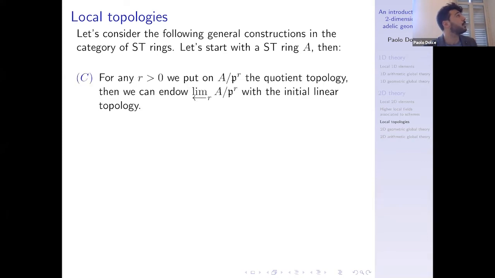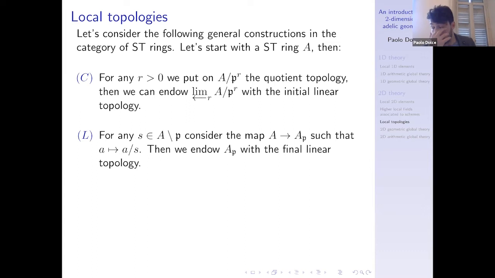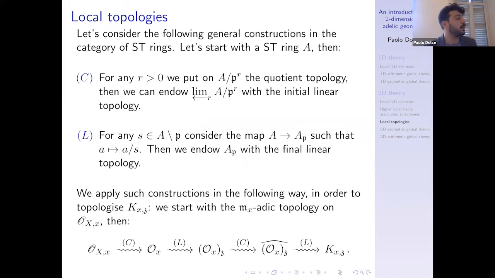So here we have two operations, C and L. C stands for completion, L stands for localization. It explains how to carry the topology that we want through localizations and completions. As I told you, it's about initial linear topology and final linear topologies, something about category theory. And here is how it goes.